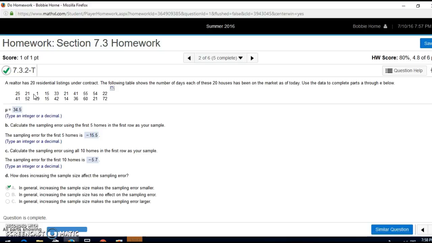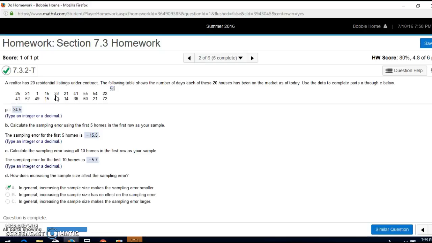I thought I'd added these up somewhere. I may have added them up in my head. You're going to take 25 and 21, which is 46, 46 and 1 is 47, 47 and 15 is 62, and then 62 and 33 is 95.